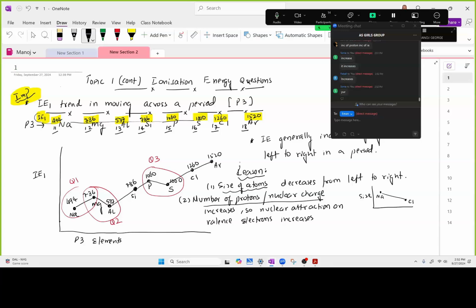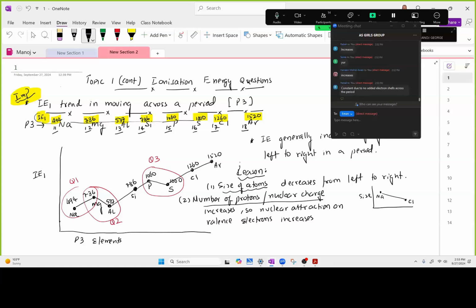What about the shielding effect? What do you think happens to the shielding effect? Do you think it remains the same? Increases? Decreases? Shielding effect is based on the number of shells and subshells. Don't forget, you are in the same period, period 3, which means when you go left to right, the number of shells is not changing.